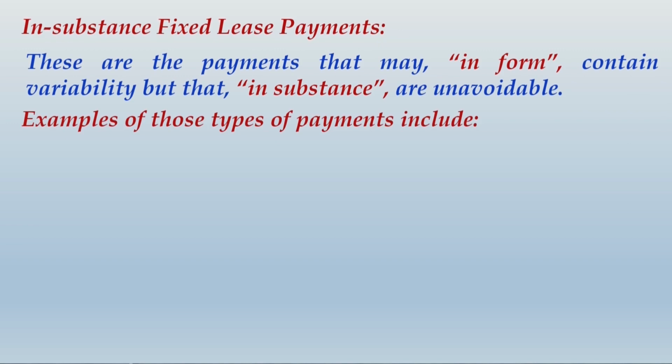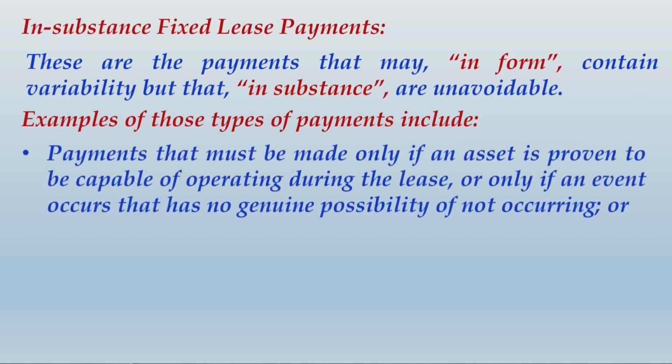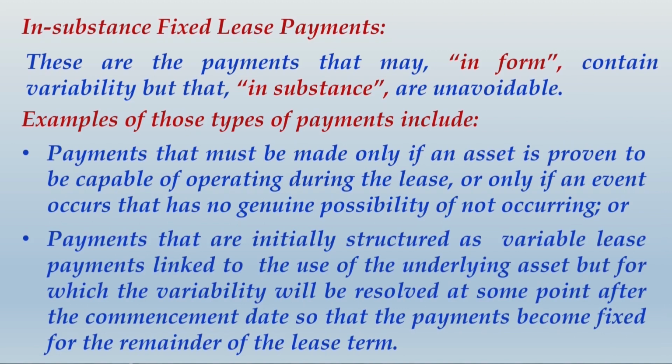Examples of those types of payments include payments that must be made only if an asset is proven to be capable of operating during the lease, or only if an event occurs that has no genuine possibility of not occurring, or payments that are initially structured as variable lease payments linked to the use of the underlying asset, but for which the variability will be resolved at some point after the commencement date, so that payments become fixed for the remainder of the lease term. So friends, we have already discussed these points.